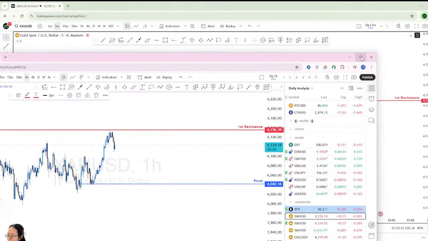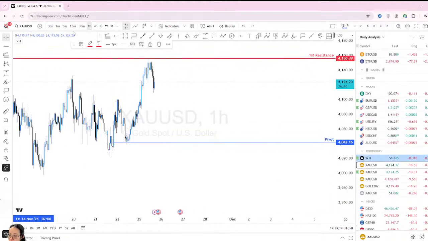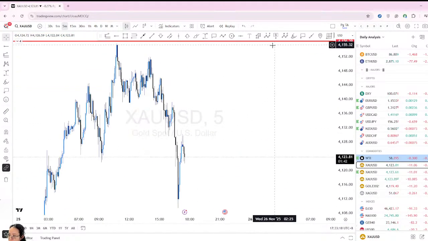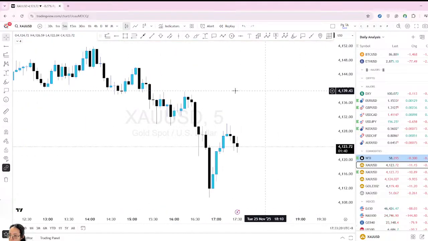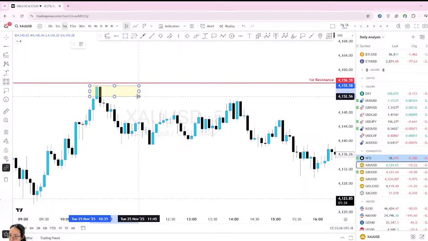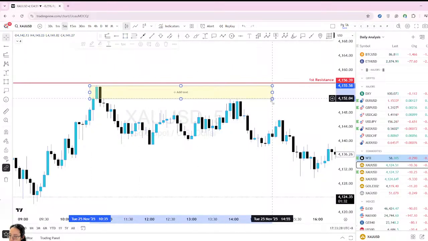I thought I spotted the wrong one. I go to M5, we don't see it, but on the M5 I see the OB. I got the sell at this level. This was my OB.